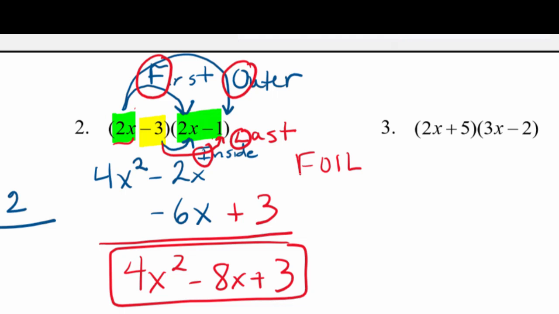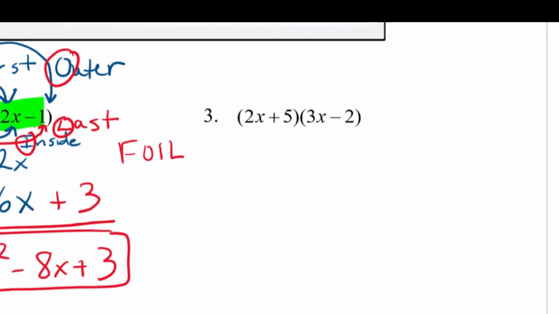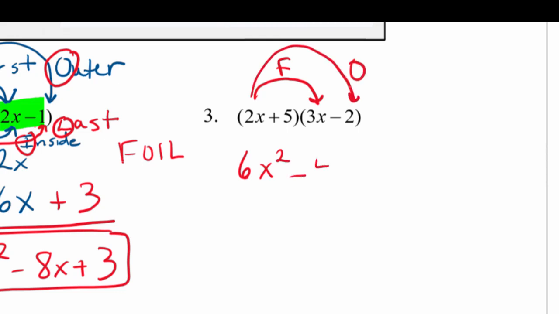So let's FOIL number 3, give you a little practice. So first terms, when we multiply those two, we get 6x squared. Outer terms, now we get a negative 4x. Inside or inner terms, now we get a positive 15x. And that's our I. And then last terms, now we get a negative 10.